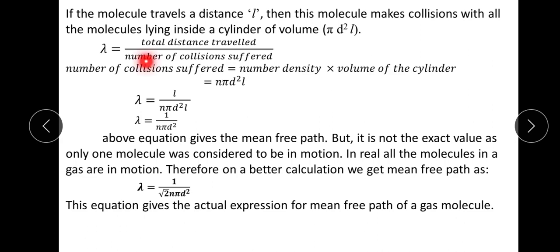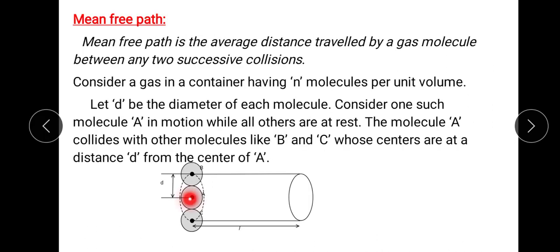To find the number of collisions suffered, if this molecule is moving from here to here, it has to travel a distance of L. The number density of molecules, meaning the number of molecules per unit volume, multiplied by the volume of the cylinder gives the total number of molecules present in this cylinder.